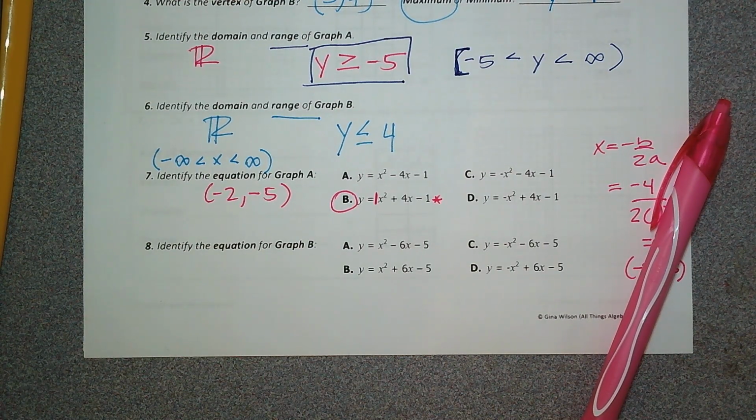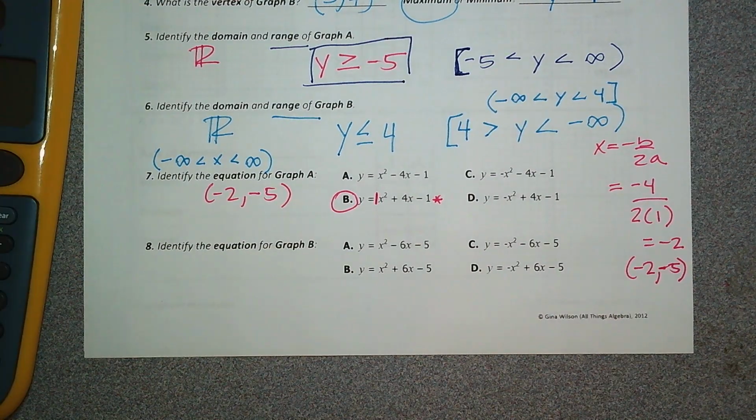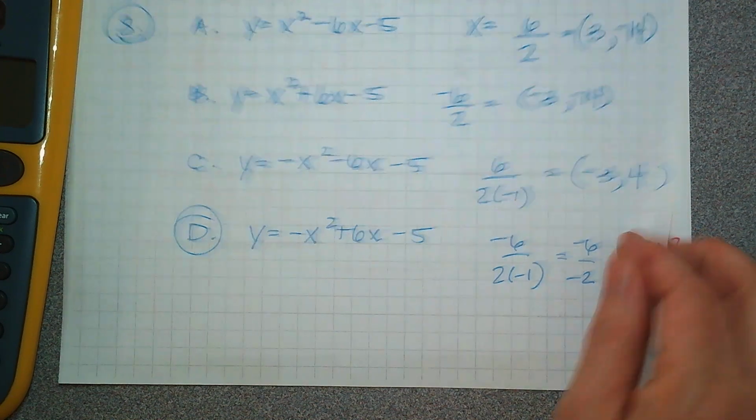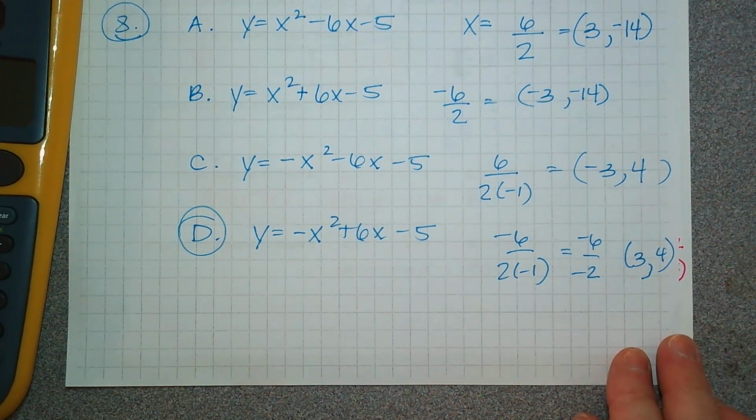Find the vertex of each of those answer choices, A, B, C, and D, and tell me which one is the equation for graph B. So for number 8, D is the correct equation.